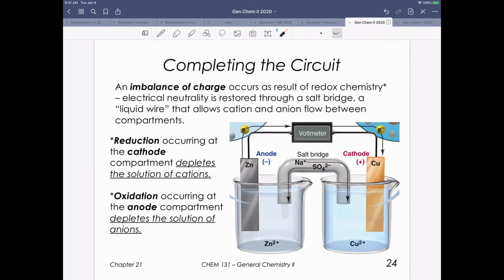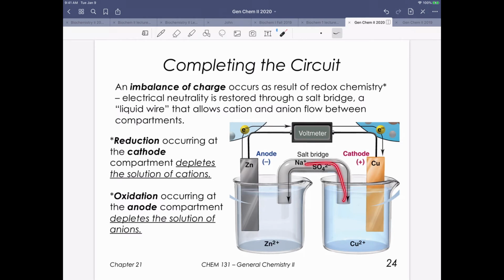All right, so putting this all together and looking at this overall picture again and highlighting what happens with this salt bridge, we're going to have an imbalance of charge because of this redox chemistry, right? We're going to be increasing the concentration of zinc ions in solution, decreasing the concentration of copper ions in solution, and this reaction would rapidly halt if we didn't have some way of maintaining this electrical neutrality.